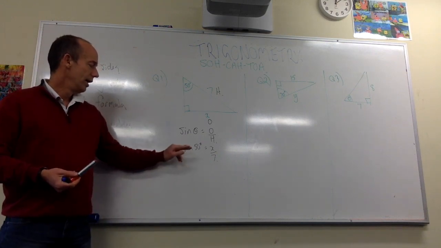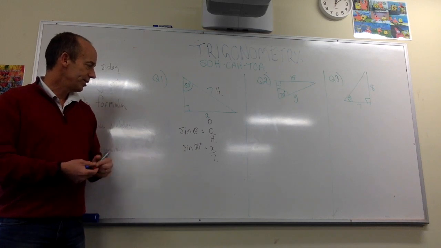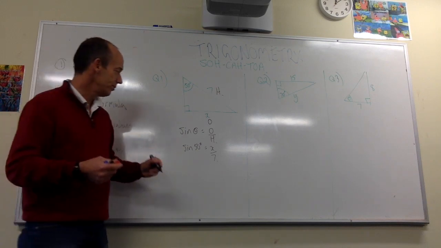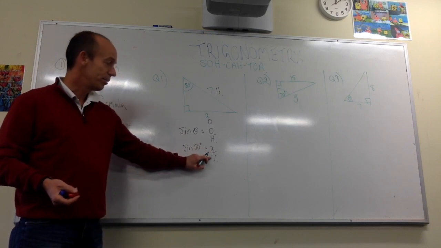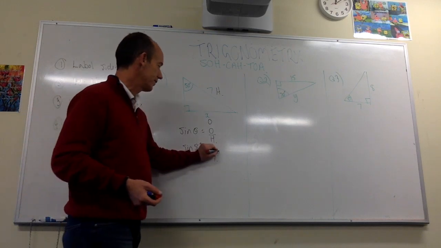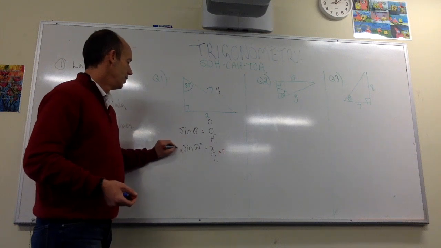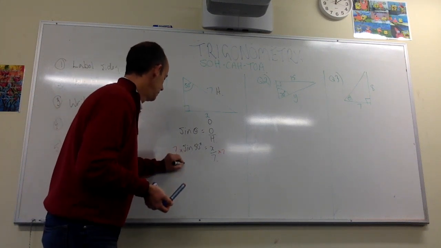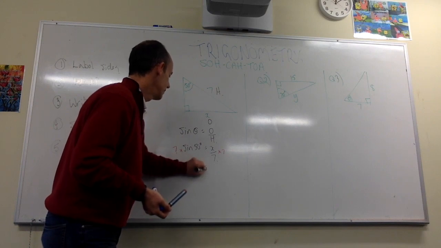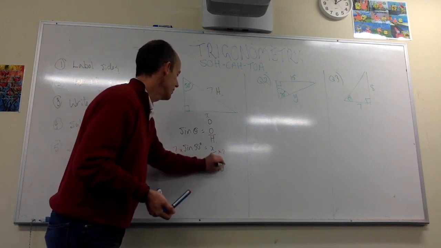So now we can either do that using our algebra skills. So I can say, okay, to get the x by itself, x is being divided by 7. I do the opposite of that, so I'm going to times that by 7, times this side by 7, and then I would get x is equal to 7 times sine 50 degrees.